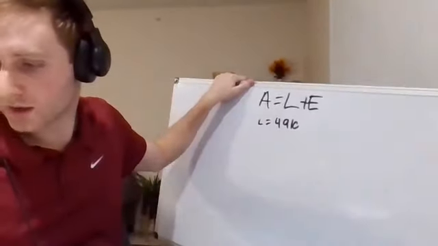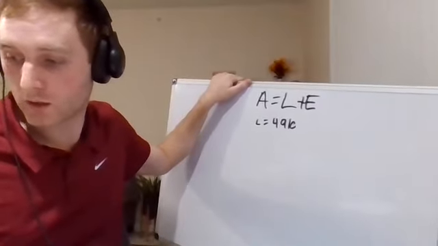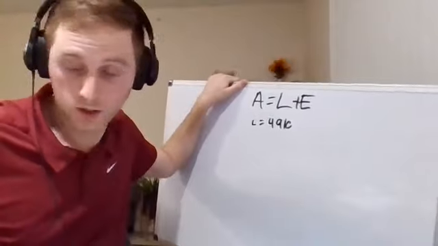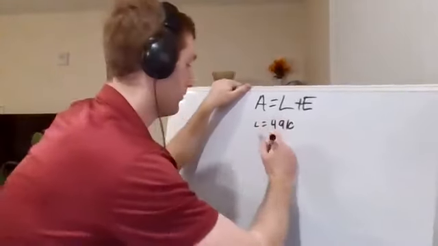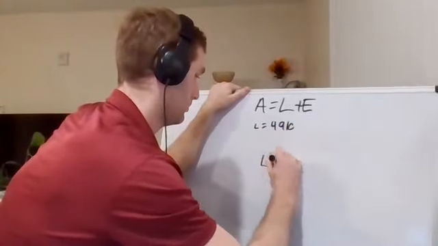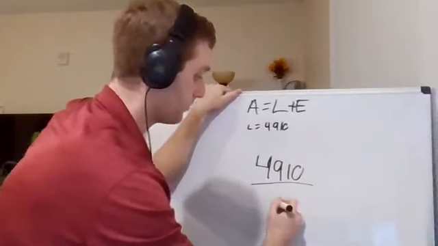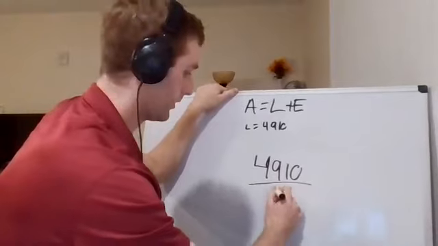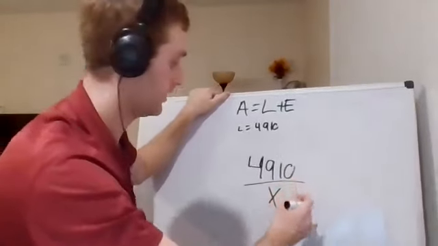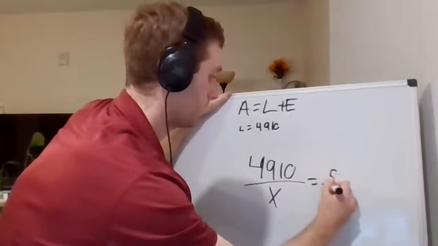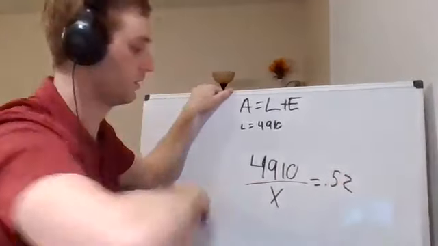Again, when we come back to this ratio, we know that the debt to equity ratio is total debt divided by total equity. So we have our total debt, 4910, divided by something. I like to use X because this is just a simple algebra equation, equals 0.52, right?